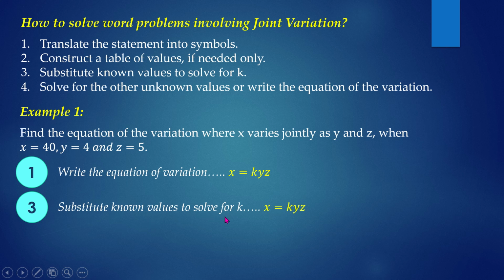Substitute known values to solve for k wherein the equation is x equals k, y, z. So ang atong pulihan ang kaning equation wherein x is 40, y is 4, and z is 5. So x is 40 is equals to k times y, which is 4, times z, which is 5.